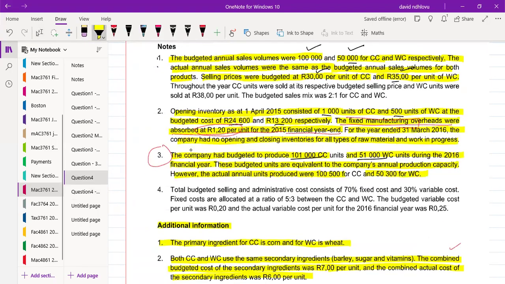Number 4, this is what they said. The total budgeted selling and admin cost consists of 70% fixed cost and 30% variable cost. The fixed costs are allocated at a ratio of 5:3 between the CC and WC. The budgeted variable cost per unit is 0.2. So this is variable selling and admin.